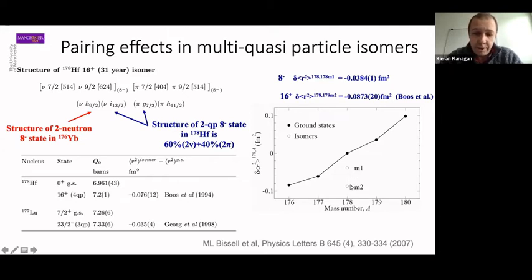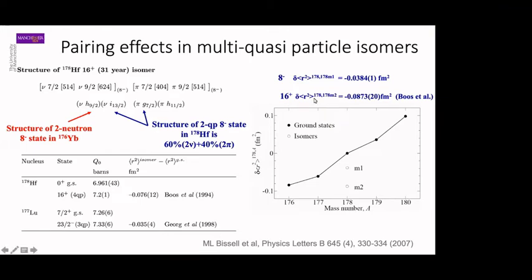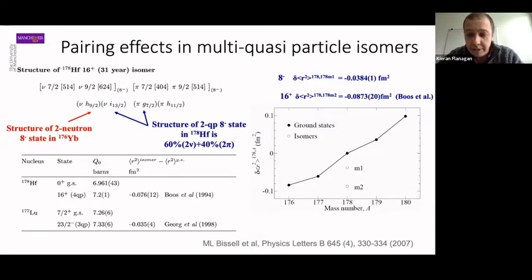And with isomers, you don't have a systematic error associated with the mass, since the mass differences here between the ground state and the isomeric states are negligible. The isomer shifts really do look at the change in the charge distribution without having to be too concerned about systematic uncertainty associated with the mass shift.